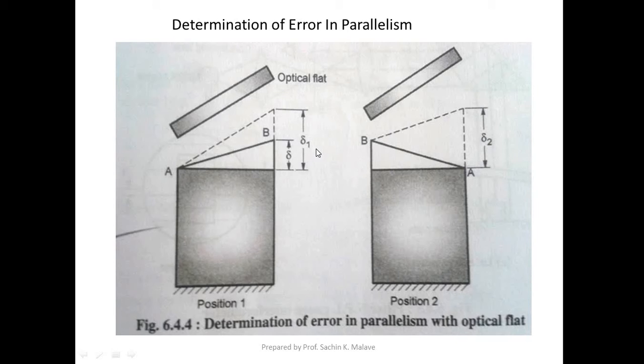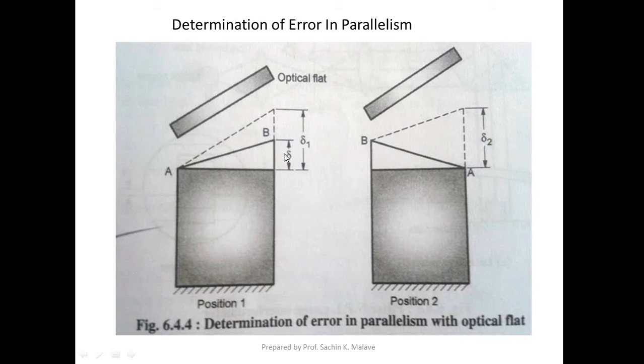So delta 1 is nothing but n1 lambda divided by 2. Because of the air gap between the optical flat and this particular component, you are going to get a fringe pattern. If we count the number of adjacent fringes, let us say it is n1, then this height delta 1 will be equal to n1 lambda by 2, where lambda is the wavelength of the light.